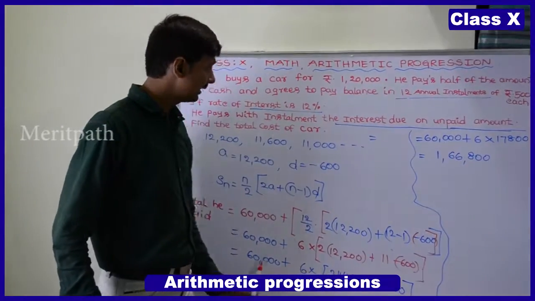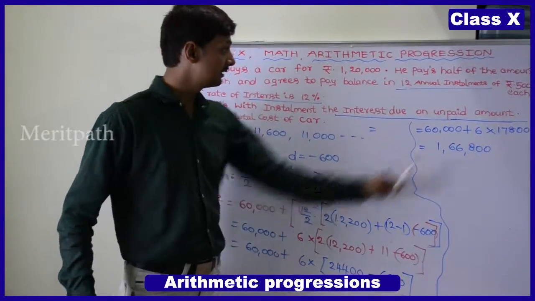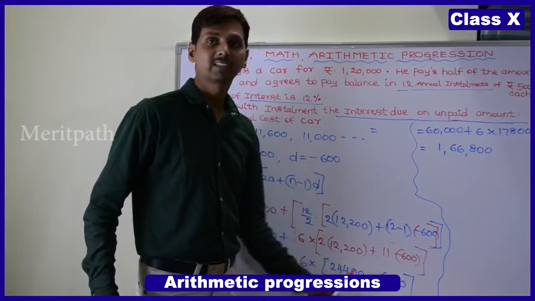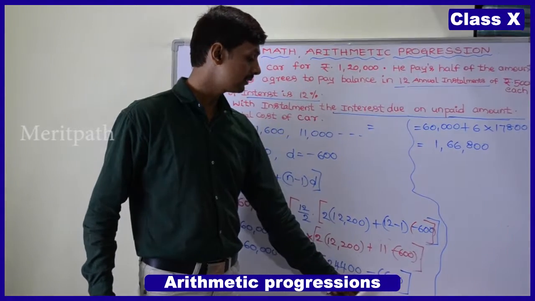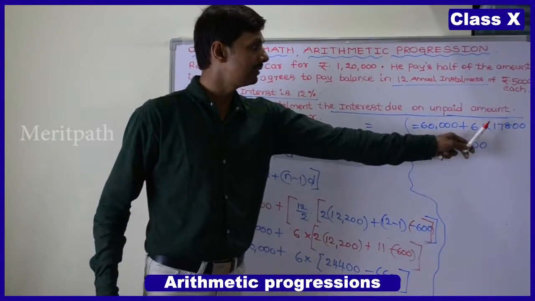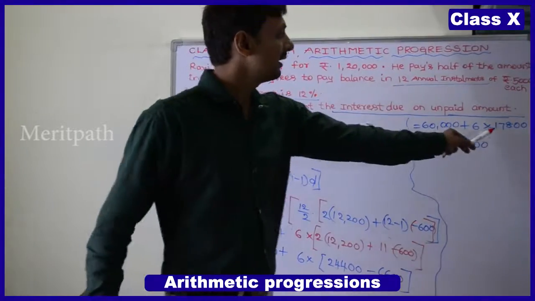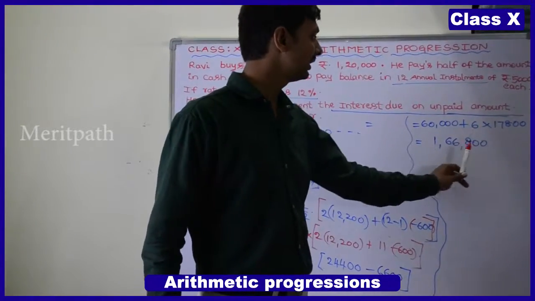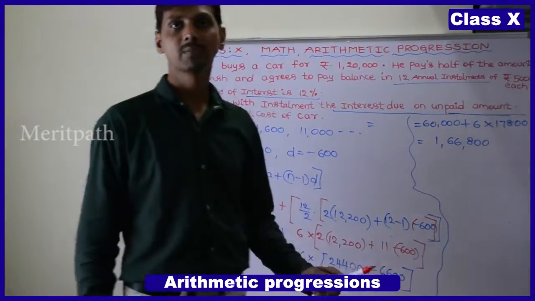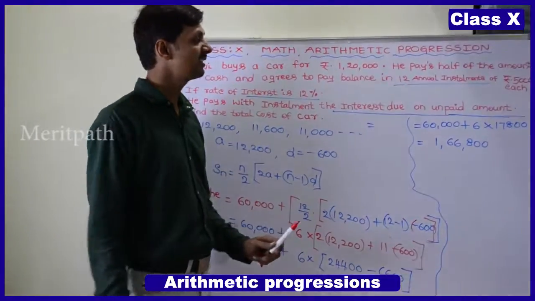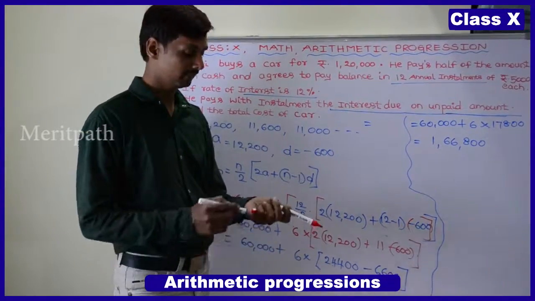Here we have taken the 60,000, and the 6 into, after subtraction of these two numbers, 24,400 minus 6,600 is 17,800. After multiplying these two numbers and adding the 60,000, we'll be getting 1,66,800.